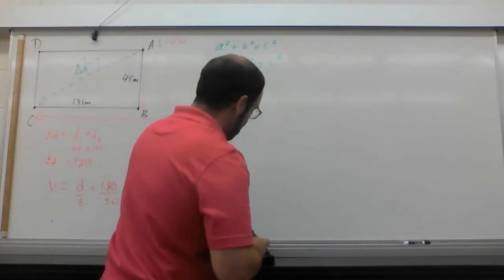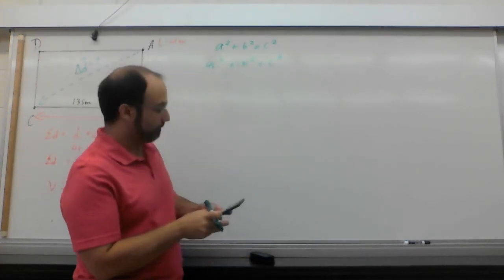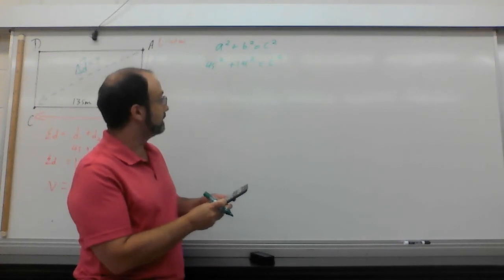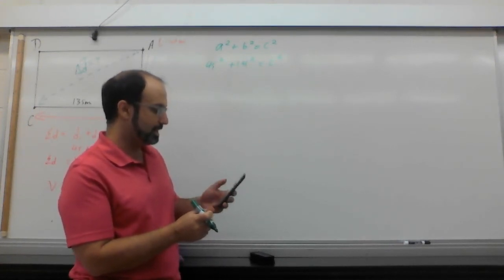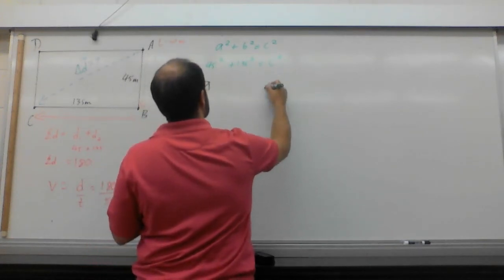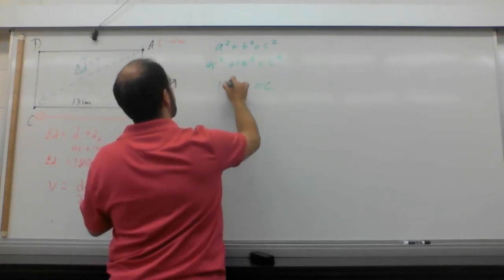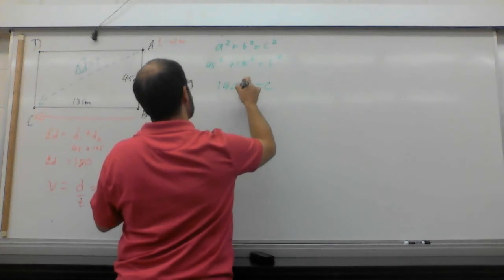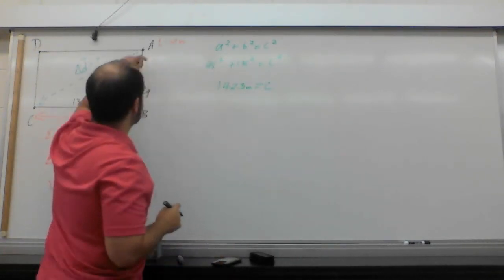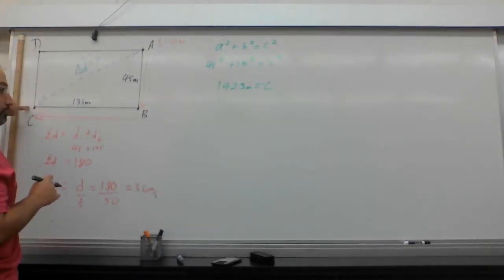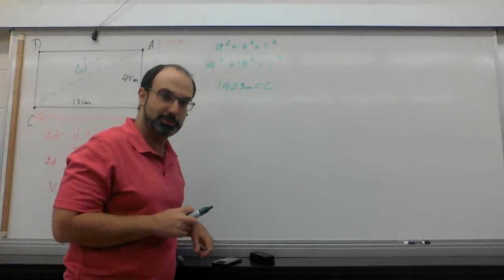Gonna need a calculator for that one for sure. 45 squared plus 135 squared equals, square root it at the end, and you're going to get that c is equal to 142.3 meters. So that means that going from here to here directly is 142 meters.